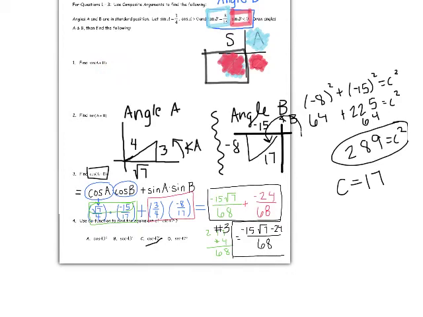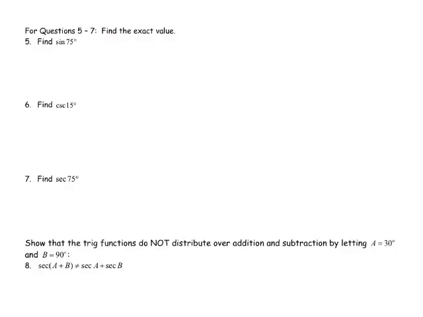All right, so I'm going to go on to question 6 as the next one on our homework tonight. Question 6, cosecant of 15 degrees. These exact values are generally used for our 30-60-90s and 45-45-90s.